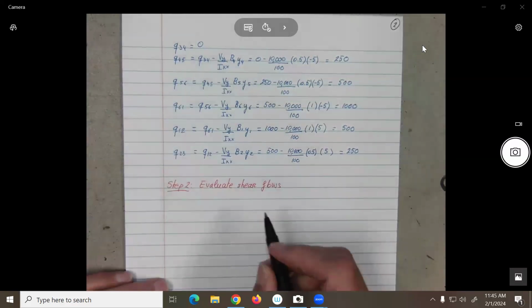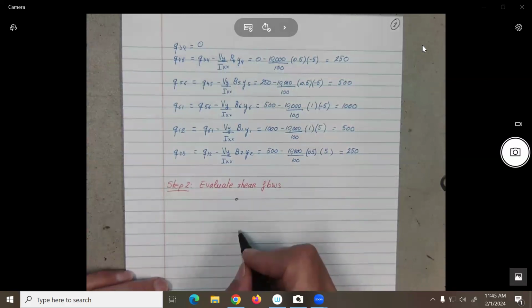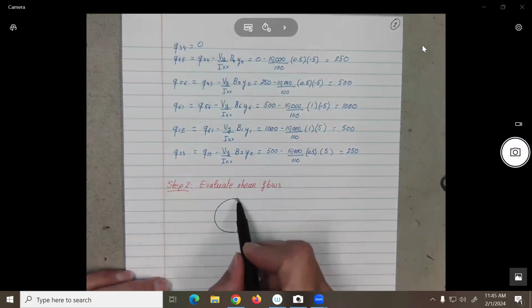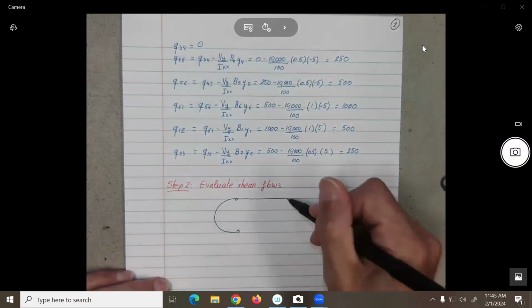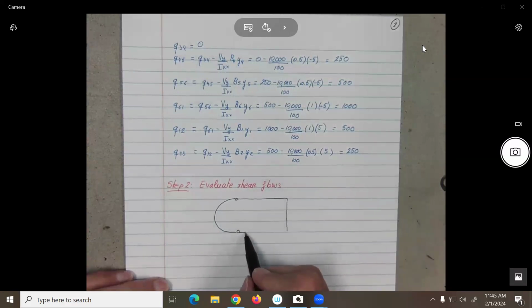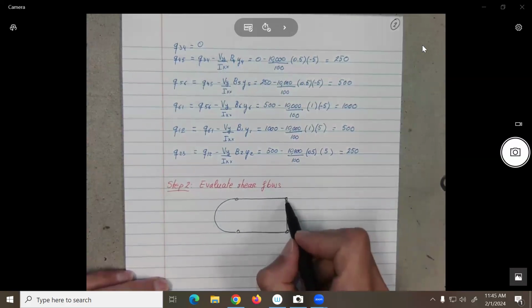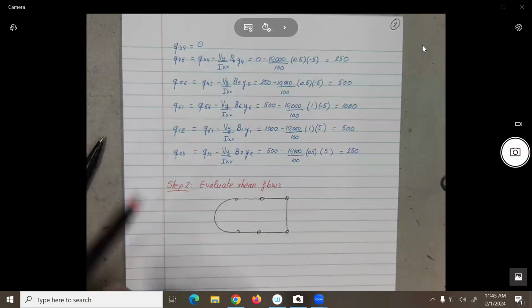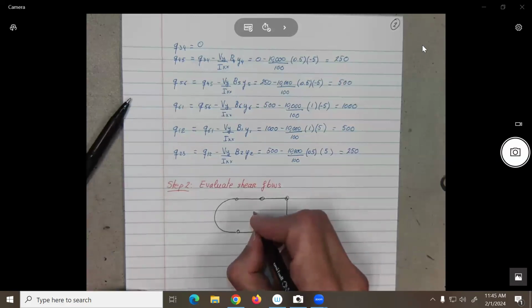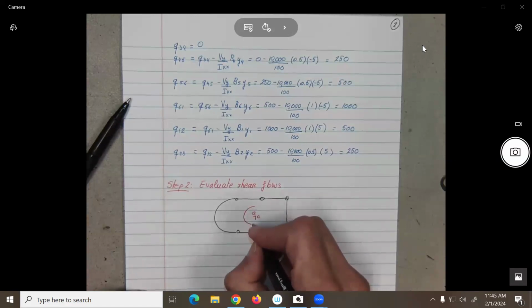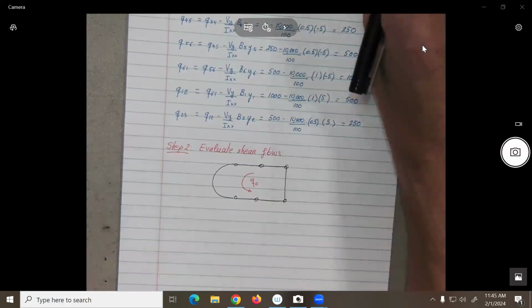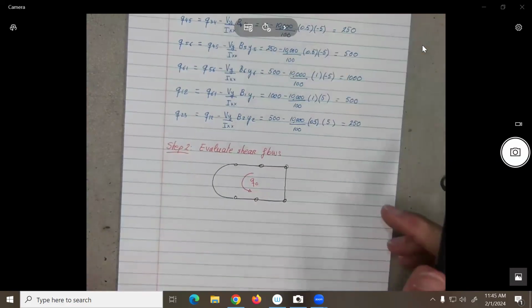Okay, so basically now what we do is that we close the structure. Okay, and because we close it, now we know we're gonna have some constant shear flow being applied over here. Okay.